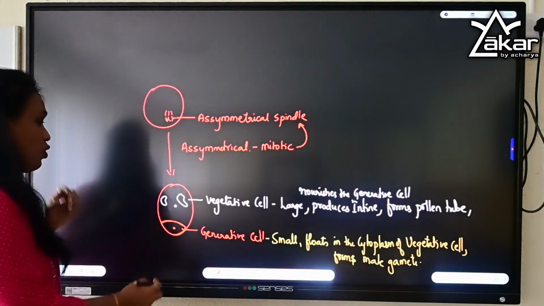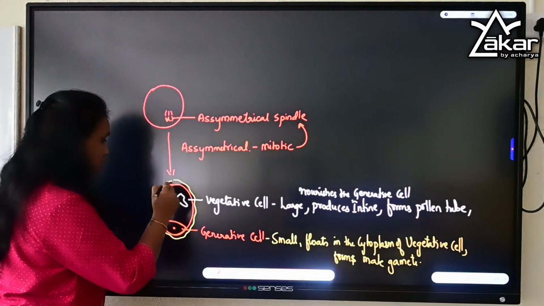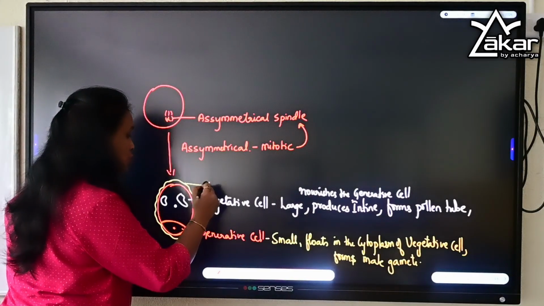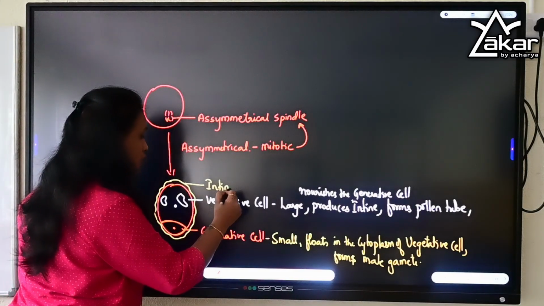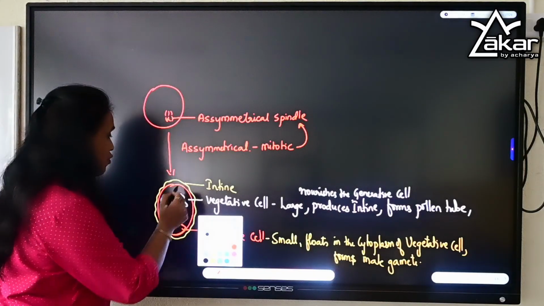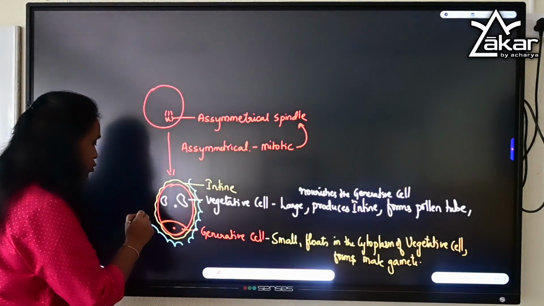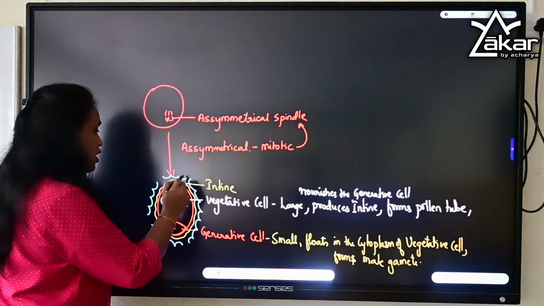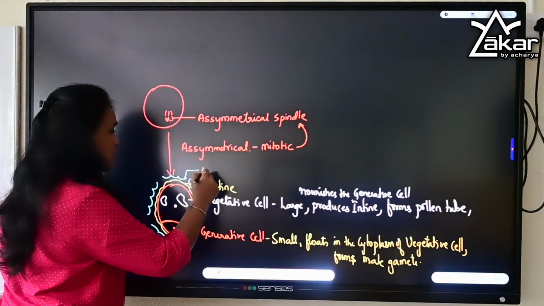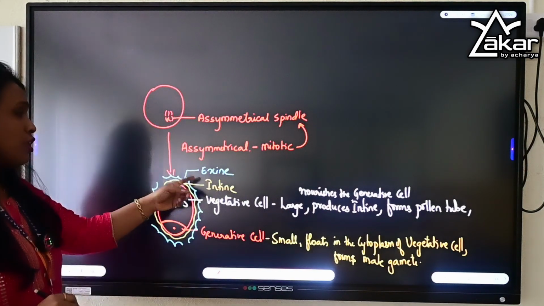As I told, the vegetative cell secretes the intine. This is the innermost layer of the pollen grain. The outer one is formed by tapetal cells. In the previous session we studied about the exine and intine. So, what is exine?